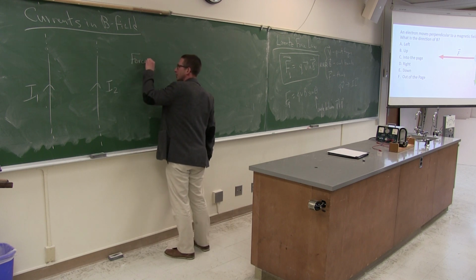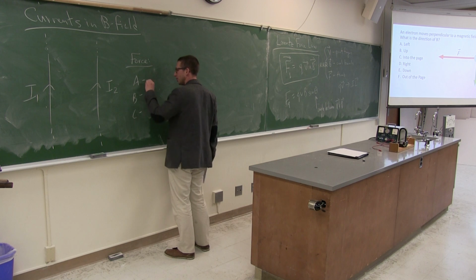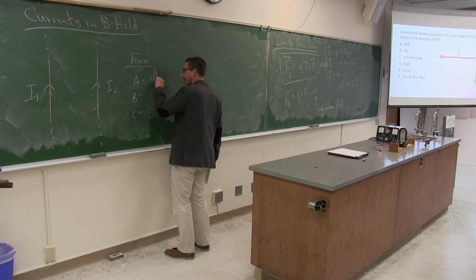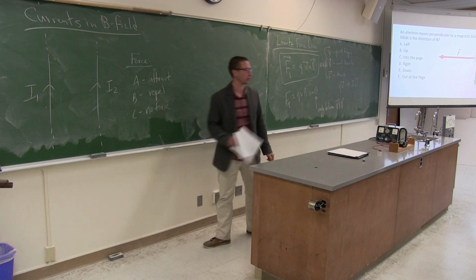So the conceptual question here is the force. Is there going to be a force between these wires? Are these wires going to attract, repel, or is there no force between those wires?